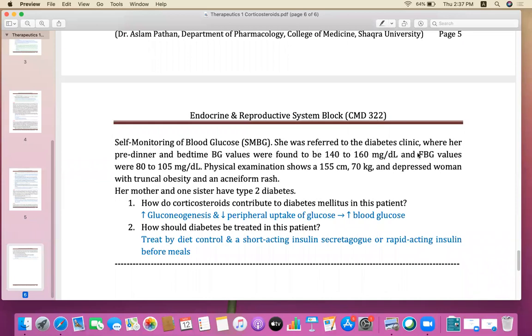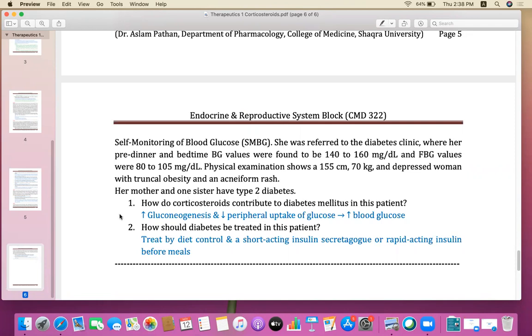She was referred to the diabetic clinic where her pre-dinner and bedtime blood glucose values were found to be 140 to 160 milligram per dl, and fasting blood glucose values were 80 to 105 milligram per dl. Physical examination shows a 155 centimeter, 70 kg, depressed woman with truncal obesity and acneiform rash. Her mother and one sister have type 2 diabetes.